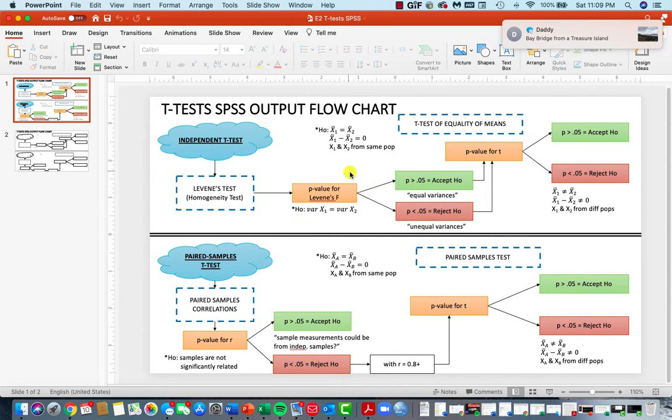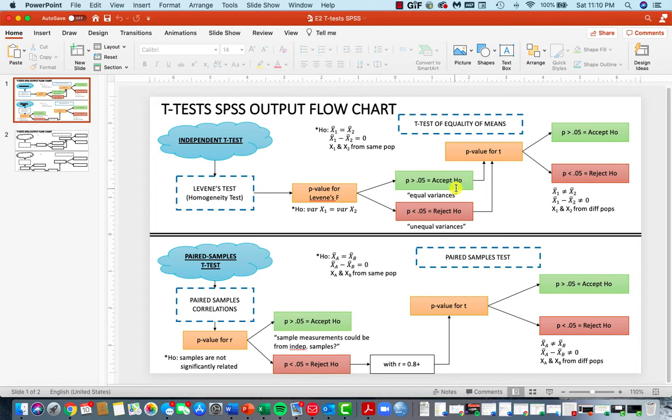But we get this p-value for Levene's test. Again, all of our tests are going to be run using a 95% level of confidence. If p ends up being greater than 0.05, and we get exact p-values in our output, so you're just relating that value to how it pairs up with 0.05, we accept the null hypothesis, which says that we have relatively equal variances.